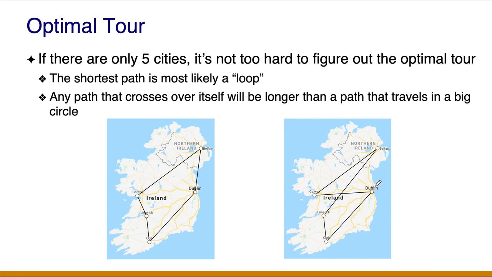On the right-hand side, this is one potential route, but clearly you see that there's a way of traveling by making a cross. Over here, you can see that this is a pair of the cross, which basically means that if you remove this cross, instead you travel through the direct distance from Dublin to Belfast and from Galway to Limerick.